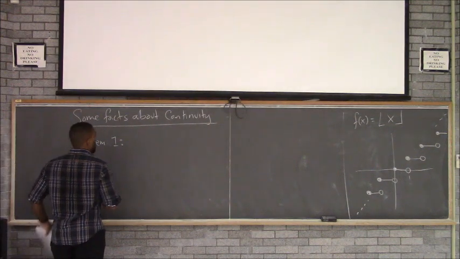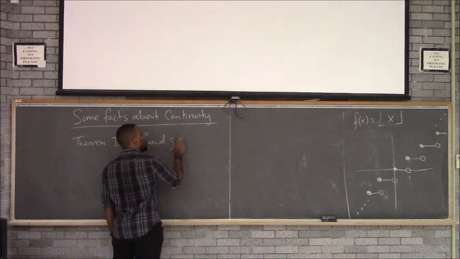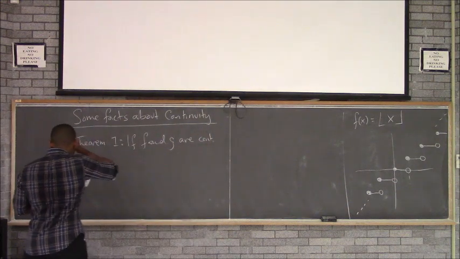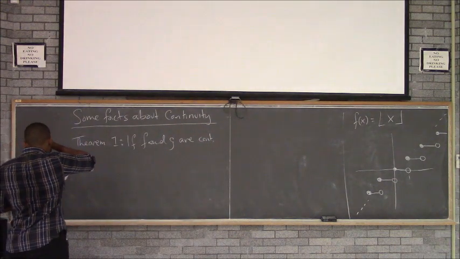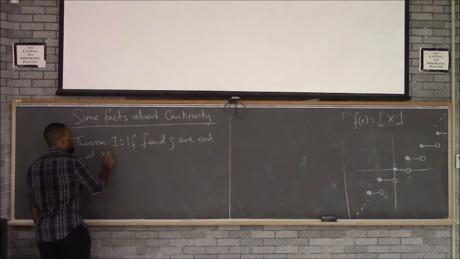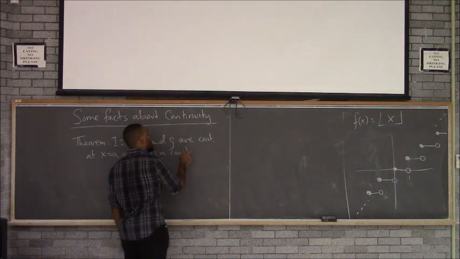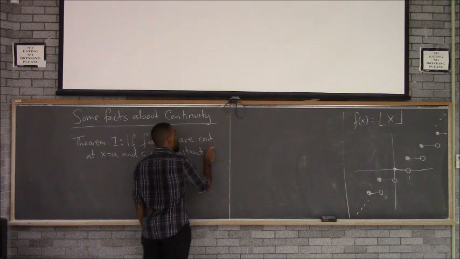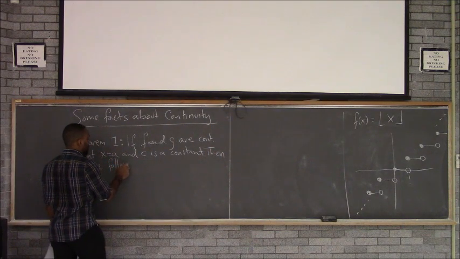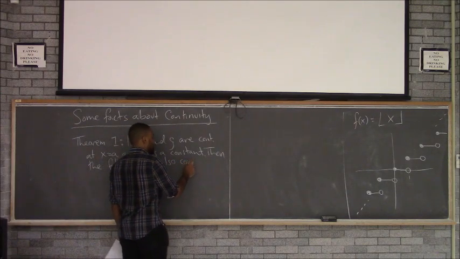Okay. So if f and g are continuous at x equals a, and c is a constant, then the following are also continuous.